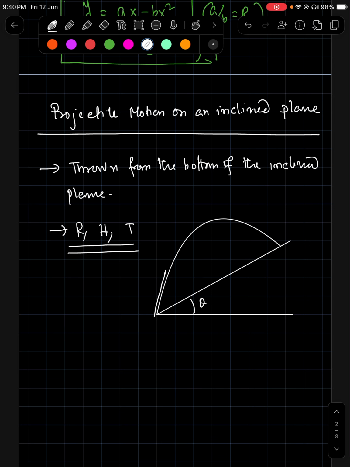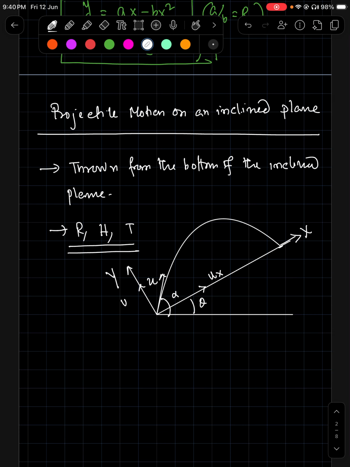And this velocity u is making an angle alpha with the horizontal line. To match with our previous formula, I have taken the direction of the inclined plane as the x-axis, and the y-axis perpendicular to that, so that I can take the components. The component of u along the x-axis is ux, and along the y-axis it is uy.